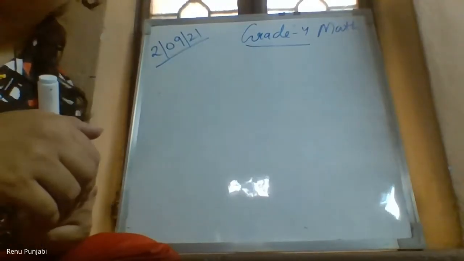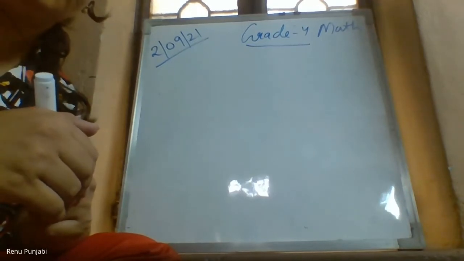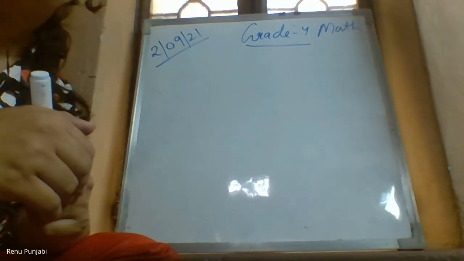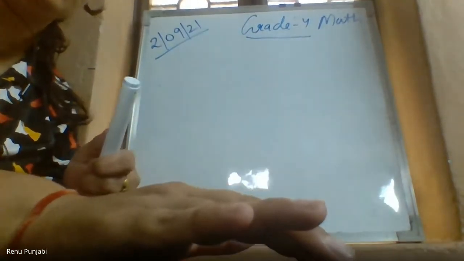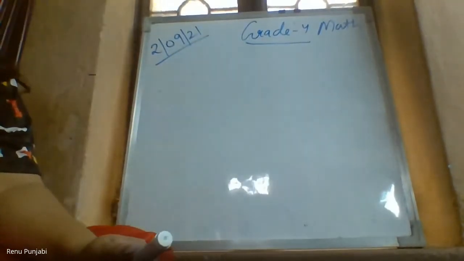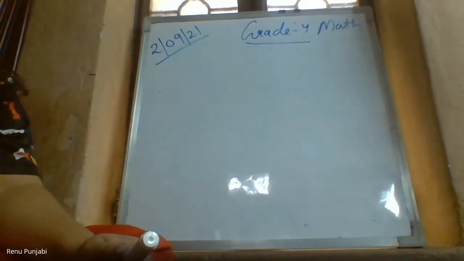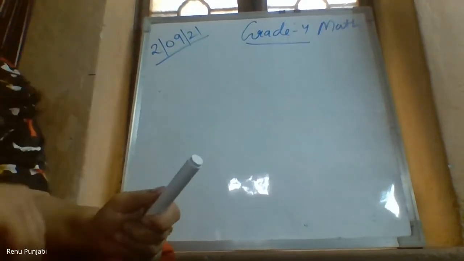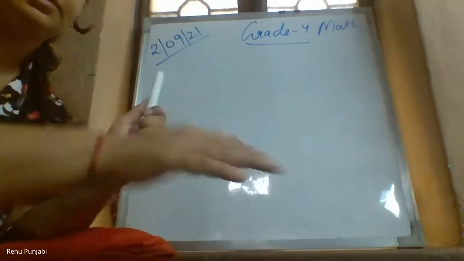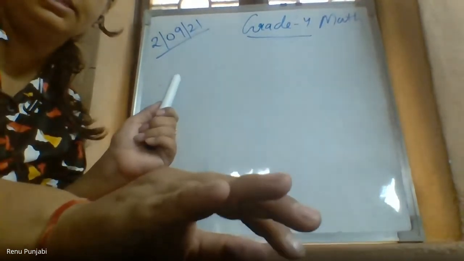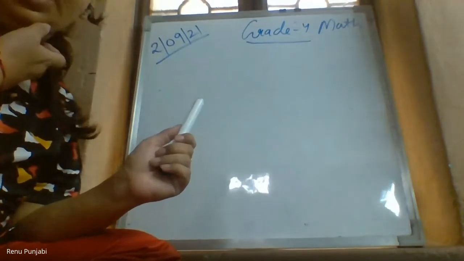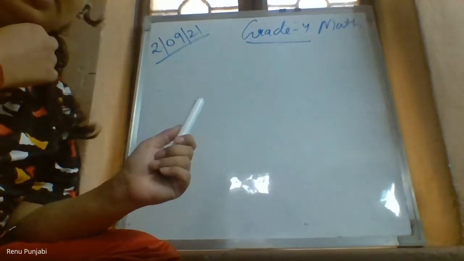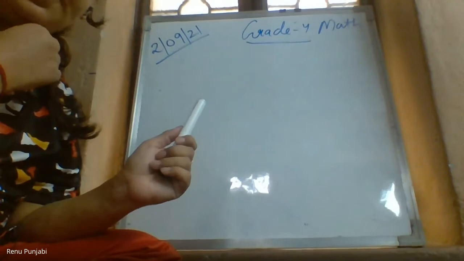Raise your virtual hand, students. Okay, wait a minute. I'll give you a chance. Yes, I can see Yug Surana. Priyag, why have you not raised your hand? Ma'am, I'm typing in the chat box.